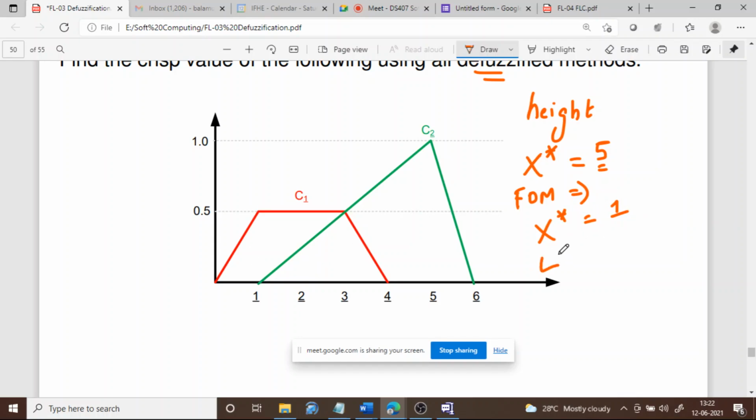If you apply LOM, then what will be x star? Yeah, x star will be 3. Okay, good. If you apply MOM, mean of maxima, what will be x star for this particular thing?